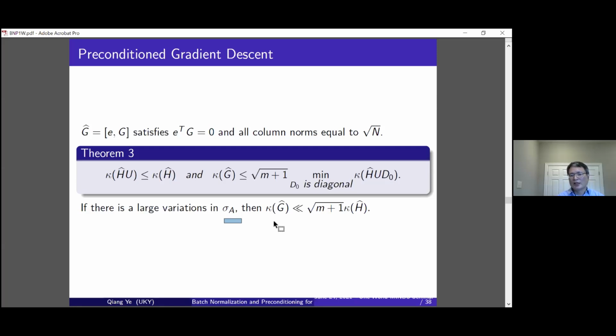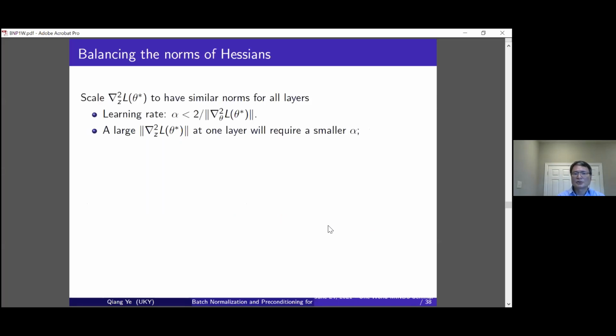But in that case, the optimal scaling, the minimum of this, would be much smaller than the condition number of H hat, and our scaling of G hat will be within a small factor of the optimal scaling. So in that case, it will substantially improve the condition number. Okay, so this is how we improve the condition number.